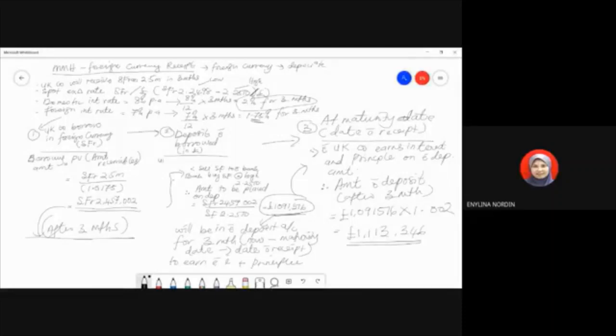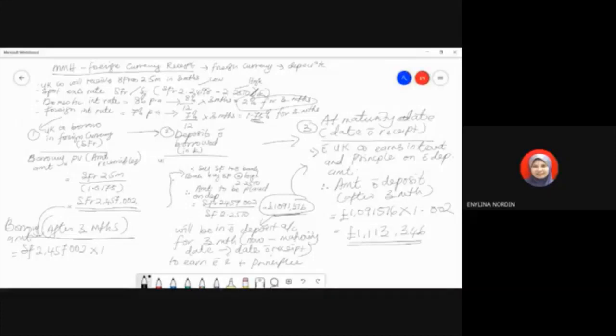So your borrowing amount after 3 months equals the Swiss franc amount you borrowed, 2,457,002, multiplied by the foreign interest rate, which is 1.75% for 3 months.